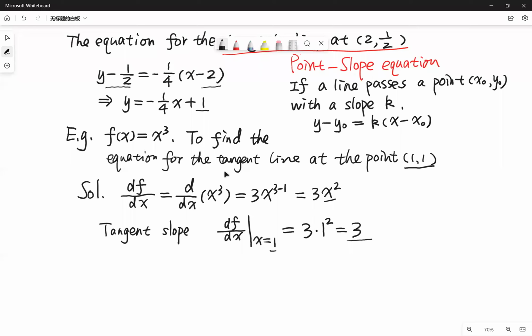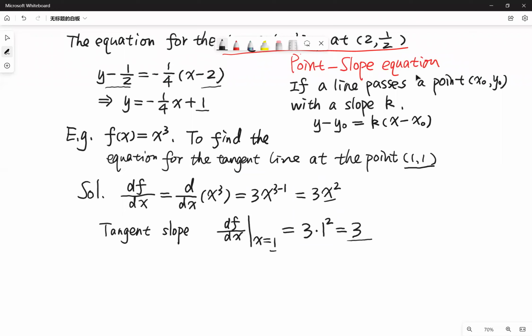Yeah. We get the tangent slope, then we want to find the equation of the tangent line. We have this slope and this point (1, 1).